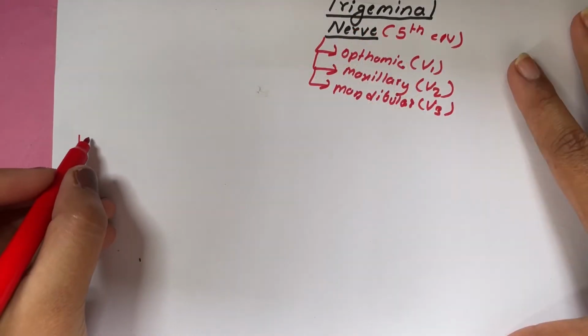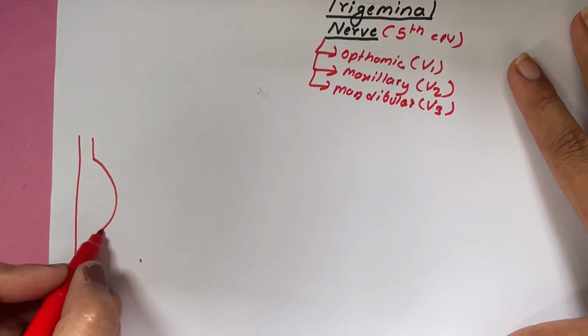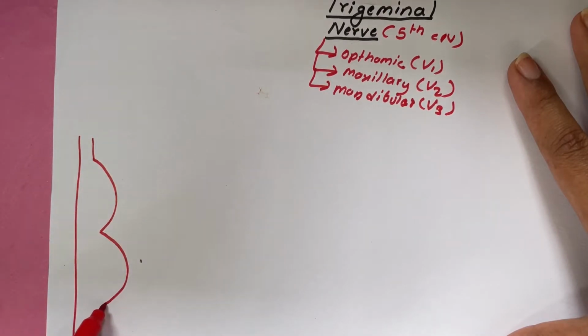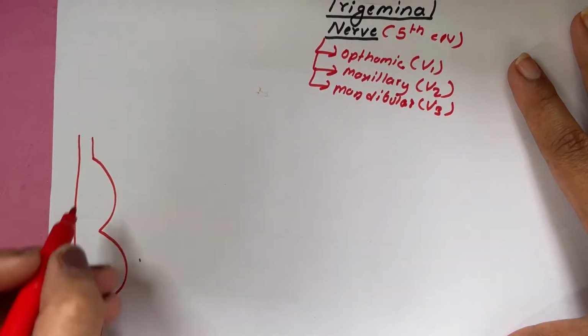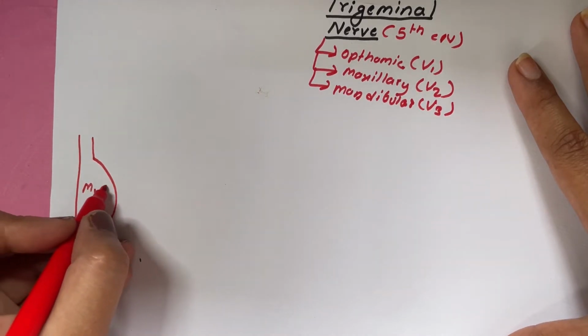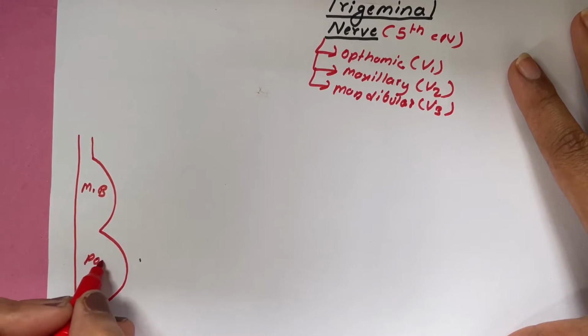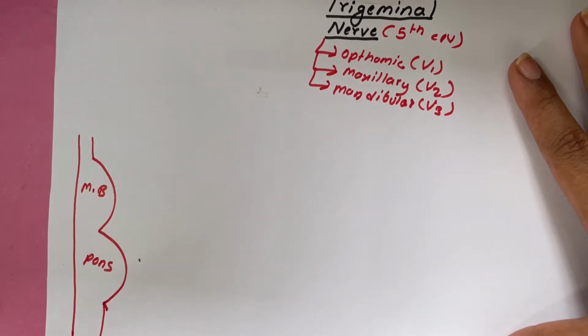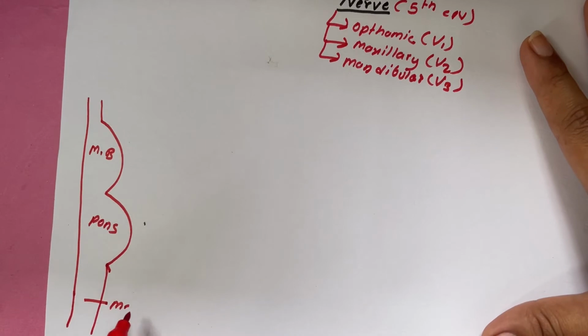Now let's draw a brain stem from which the cranial nerves arise. This is the midbrain, this one is the pons, and this one is the medulla.